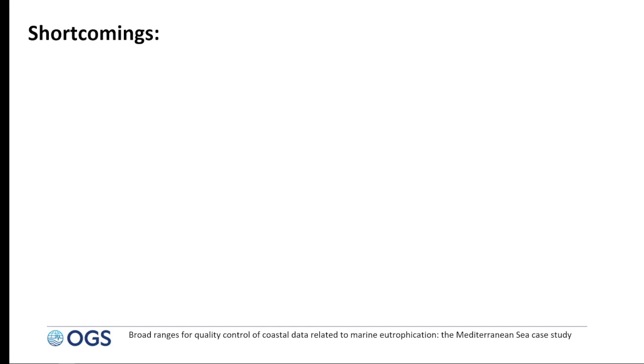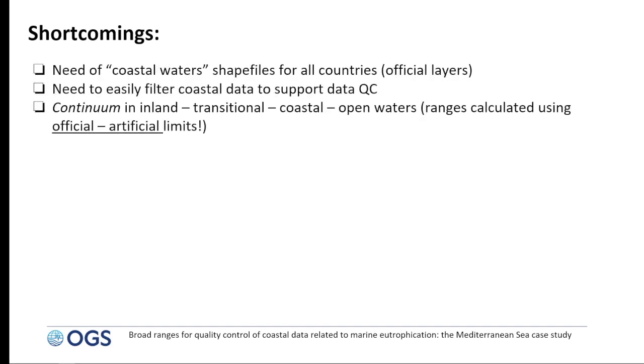However, we faced a set of shortcomings. For example, there is a need of shapefiles of official waters. So I really enjoyed the presentation given yesterday by our colleague from Blitz on marine regions. So we really need coastal waters for all countries. And we also need to easily filter coastal data to support data validation.